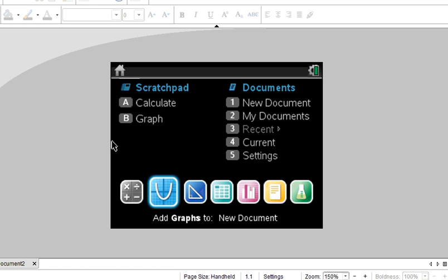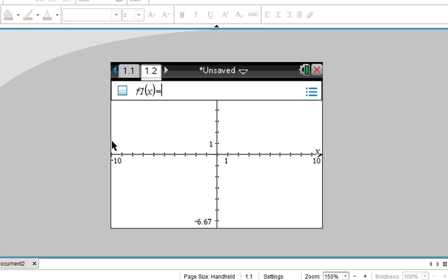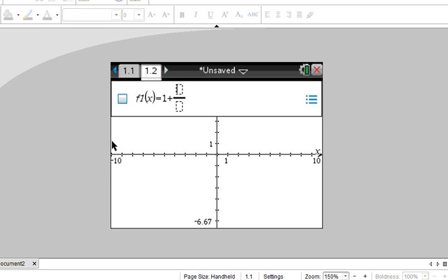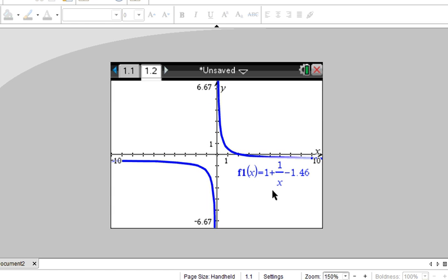We're going to say 1 plus 1 over x minus 1.4621. We graph that equation, and between x equals 1 and x equals 4, we're going to be right a little over 2, it looks like.